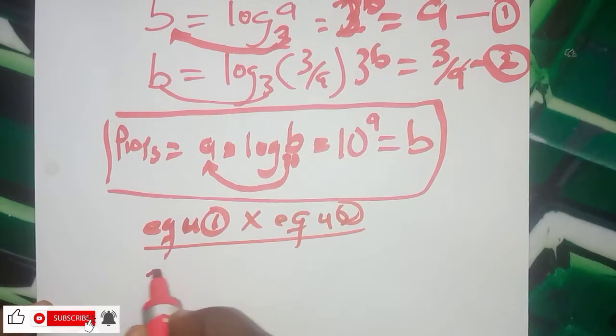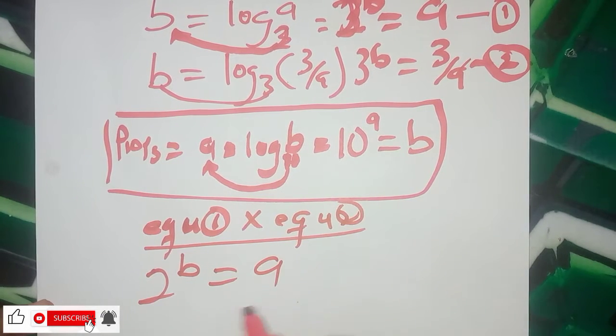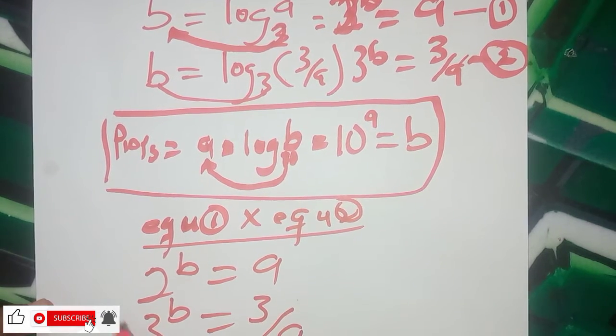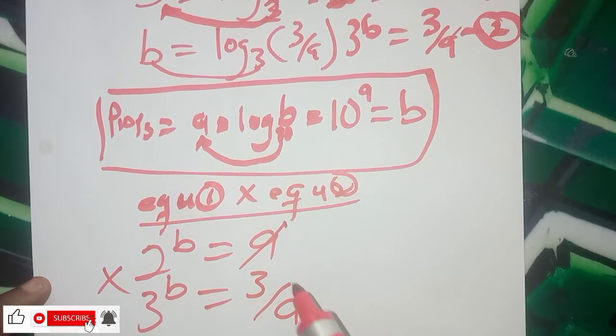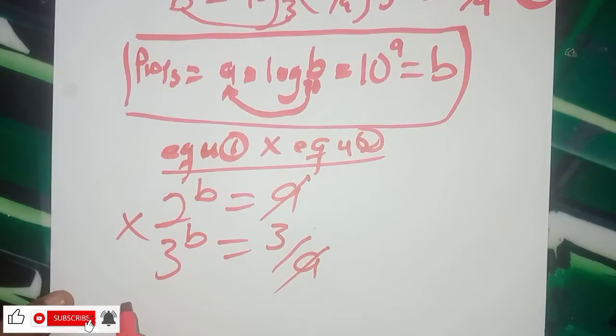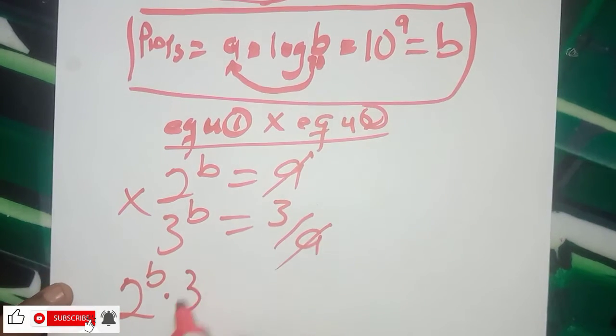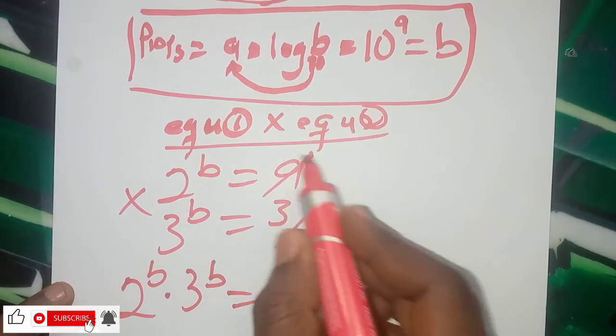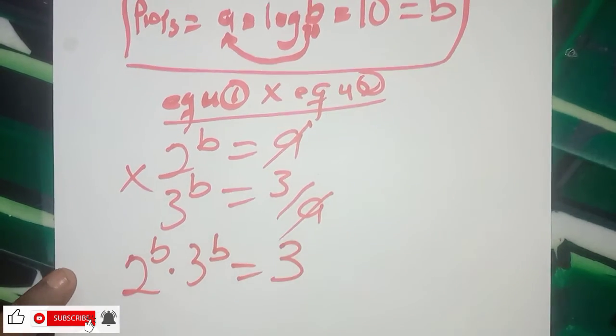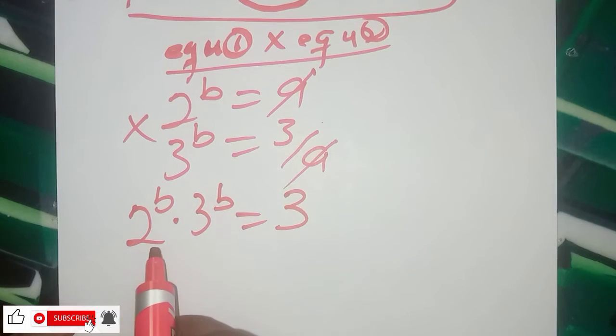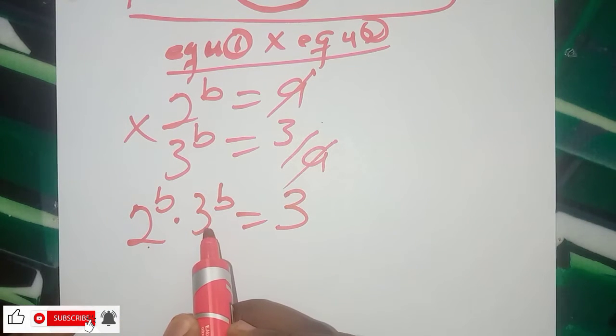So we have equation 1 to be 2 to the power b being equal to a, and then 3 exponent b being equal to 3 over a. Now multiplying them, you realize that a will get rid of that, and therefore we have 2 to the power b times 3 to the power b being equal to, now what is left here is just basically 3. Now in this case we have 3 multiplied by 2.